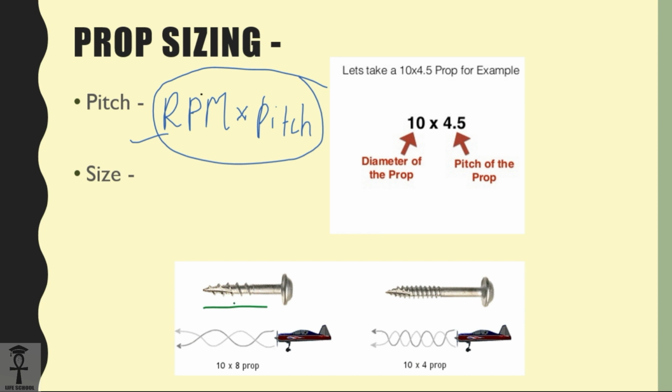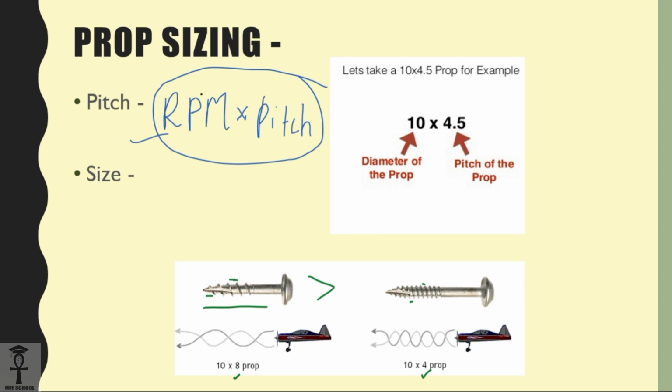In one turn the screw will advance this much, in the second turn it will advance this much. So the pitch of this screw is greater than the pitch of the other screw, because in one turn the other screw will advance this much only. That is how we say that the pitch of the first one is higher than the pitch of the second one. You can see the pitch is 8 and the pitch is 4.